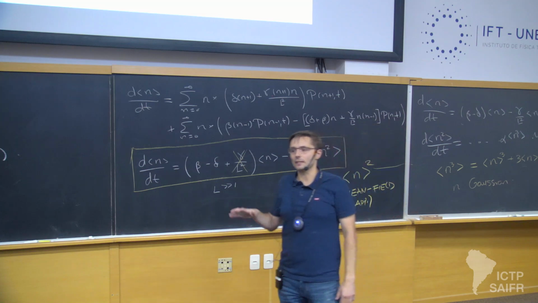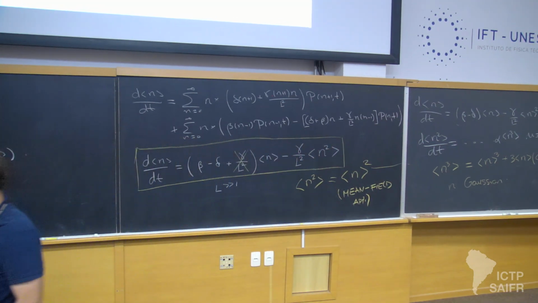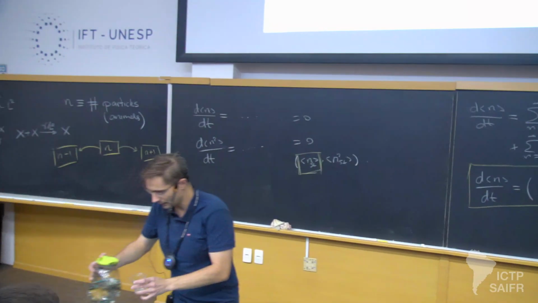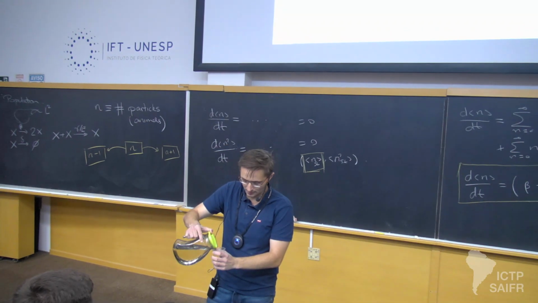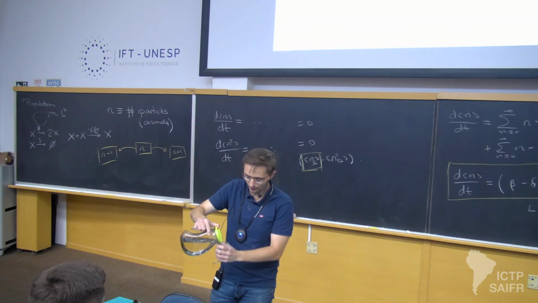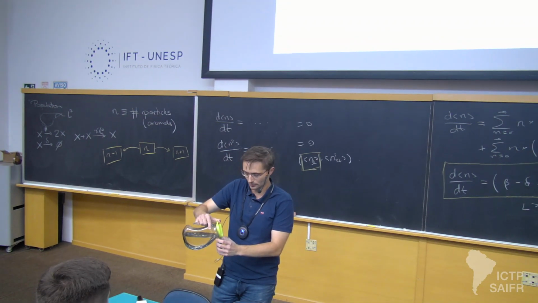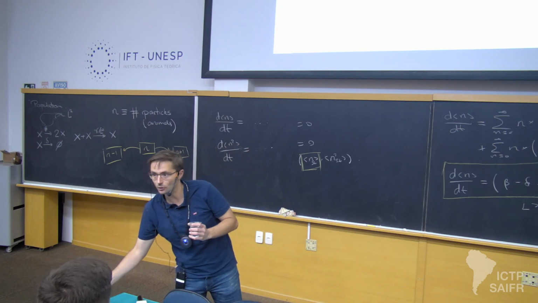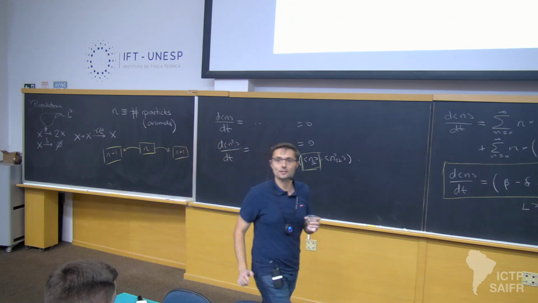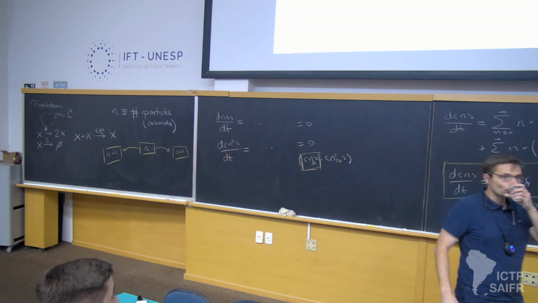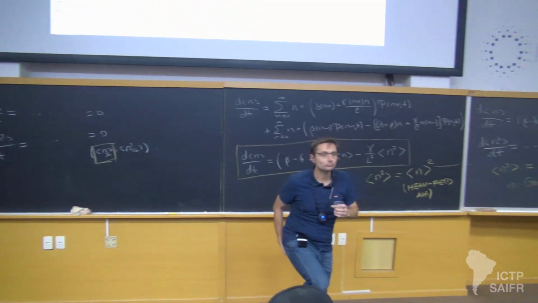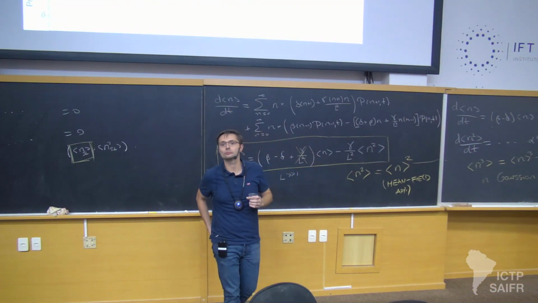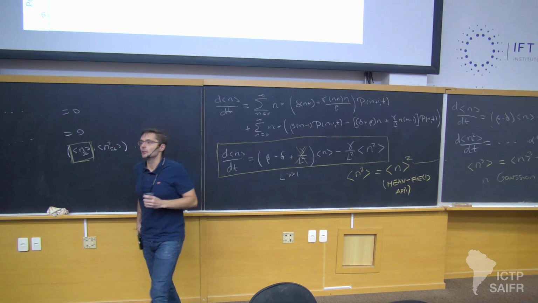So who can tell me now, if I ask you to do an exercise about thinking a little bit about biological processes, I work in ecology, why am I so interested in small systems? Small populations.